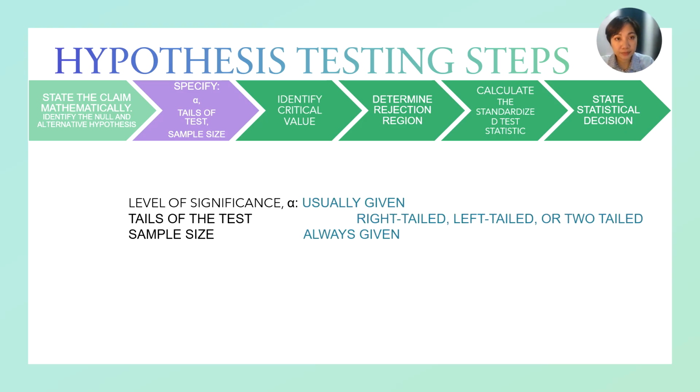In summary, for step 2, you will have to identify the 3 variables here. First is the level of significance, then the tails of the test, and then the sample size, which will be the basis of the degrees of freedom. We can elaborate about degrees of freedom later on for t-test examples.